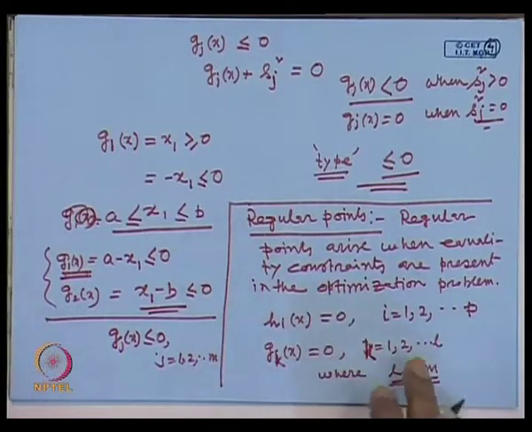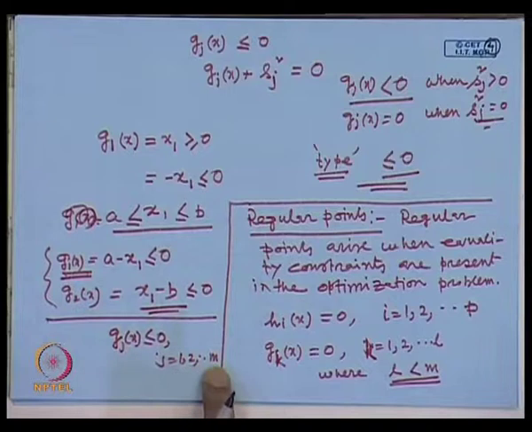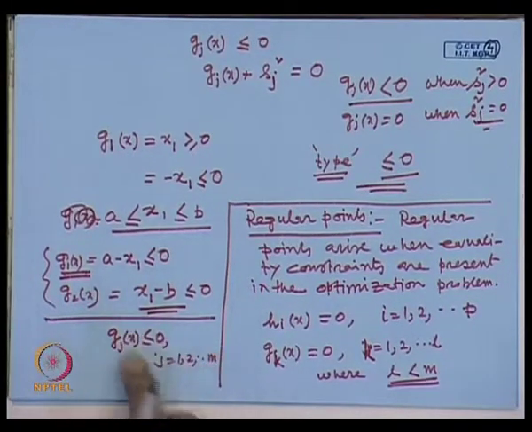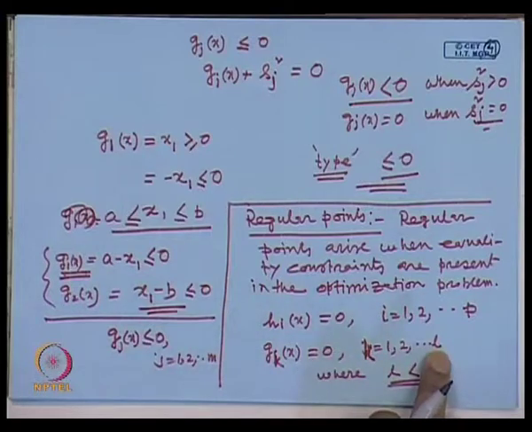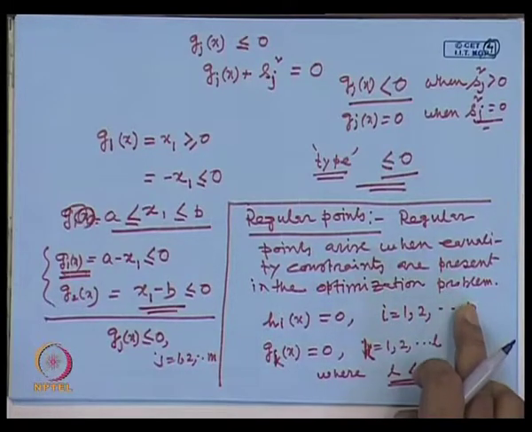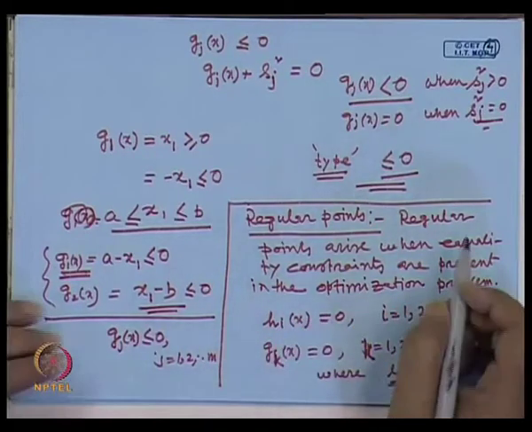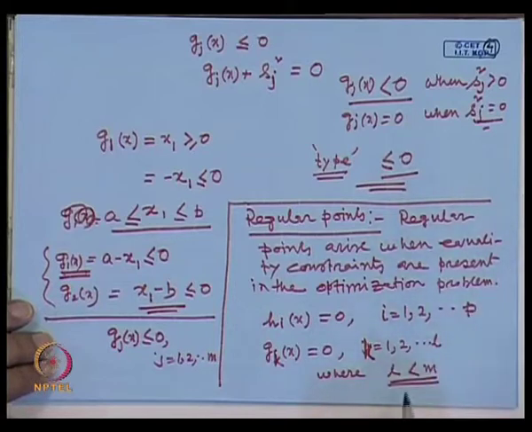So, if you see our original problem, we have p equality constraints and m inequality constraints. Out of the m inequality constraints of g, there are l active constraints. So altogether, how many equality constraints do we get? p plus l.